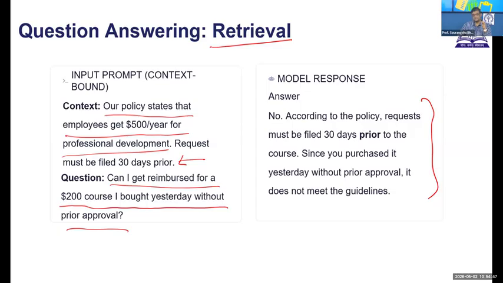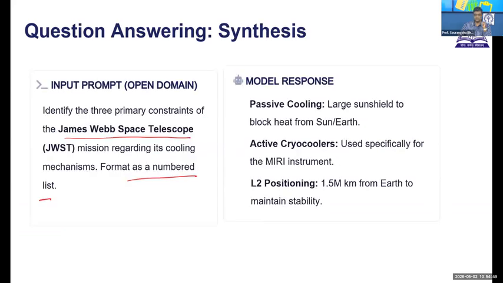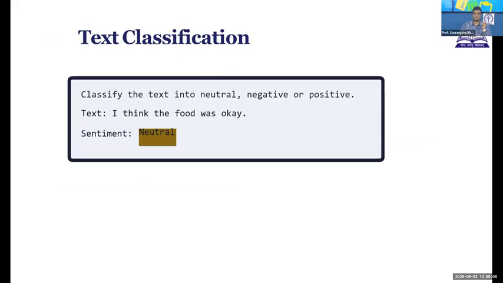There is a lot of retrieval going on here. Here the answer is purely synthesis. The LLM has to synthesize a long answer, which is a pointwise answer. So you can do various kinds of question answering.